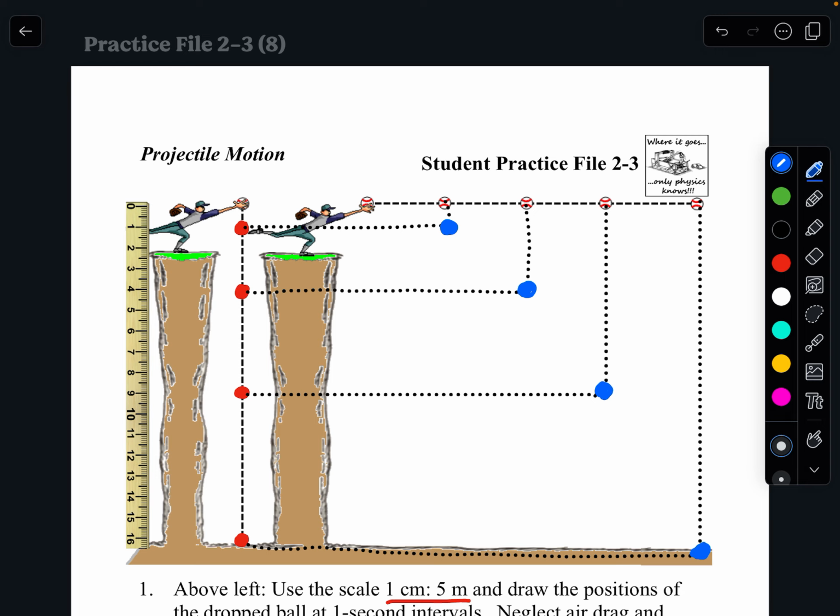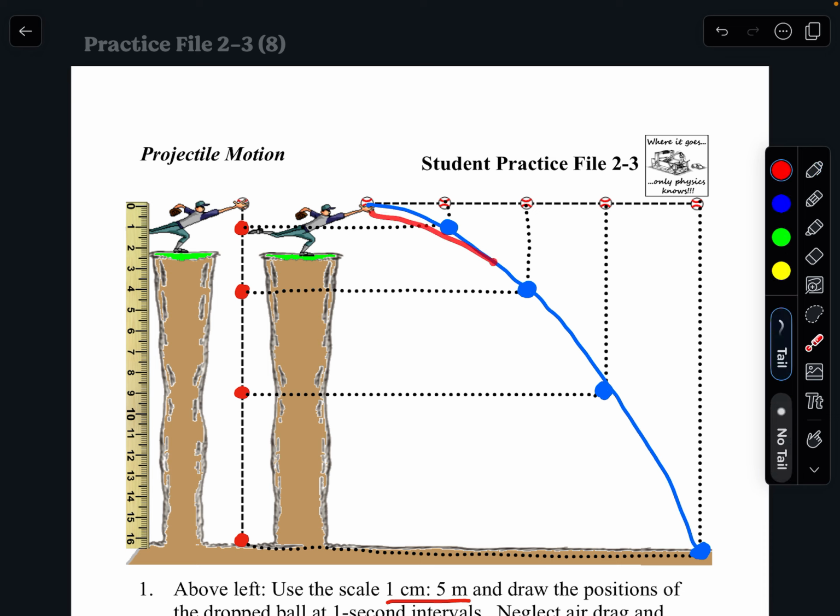What you should notice is that as time goes on, the vertical displacement of the ball is increasing, okay? The parabola here gets steeper and steeper. The reason for that is that our ball is traveling faster and faster vertically. Okay, as time goes on, our ball travels to the right the same distance each second, but vertically it grows.